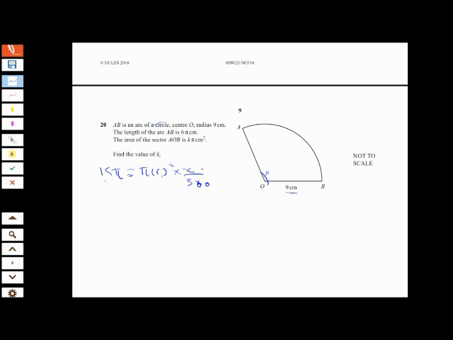How to find that? Using the arc. The arc, they say here it's 6 pi. Now the equation of the arc, which is theta, the angle, over 360 times 2 pi r. R, as we said, is 9 centimeters.